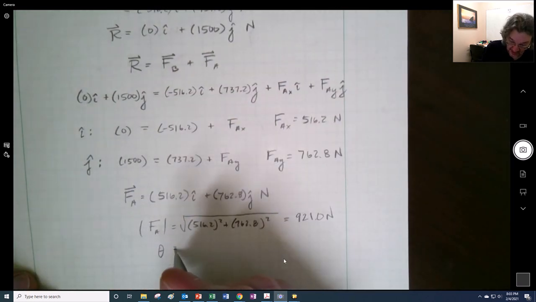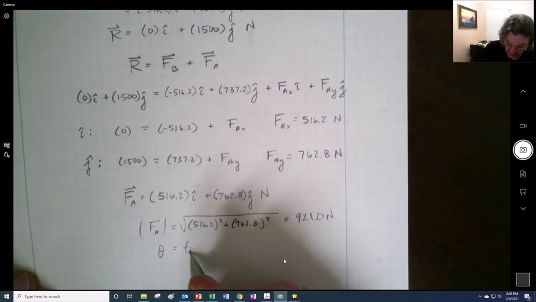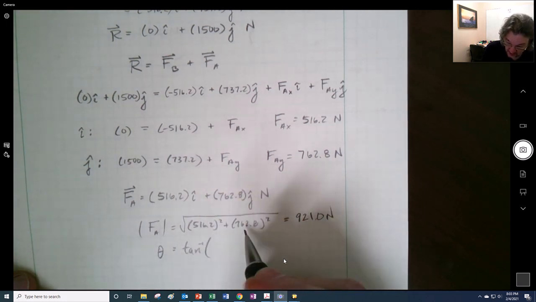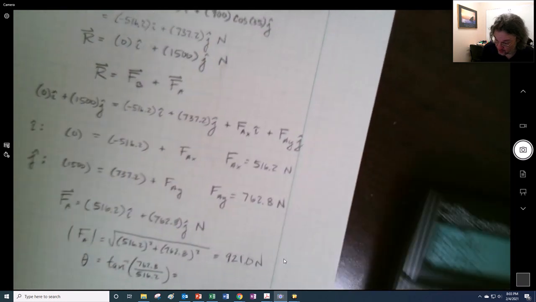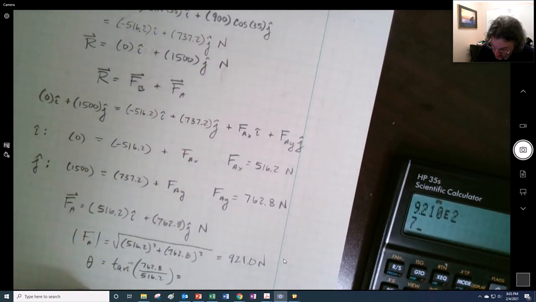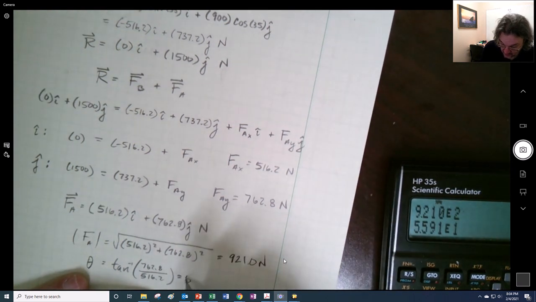I want to find the angle. Take the inverse tangent, rise over run: 762.8 over 516.2, inverse tan, I get 55.91 degrees.